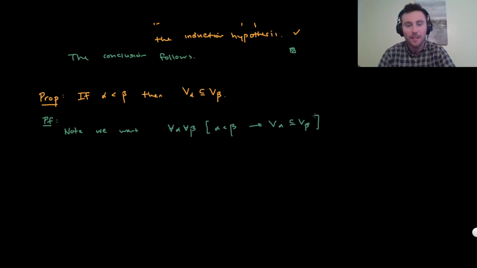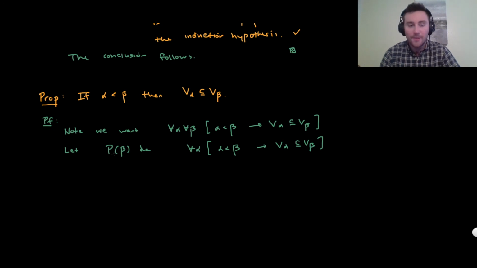If we fix beta, let P of beta be this statement: for all alpha, if alpha is less than beta, then V alpha is a subset of V beta. Since we're quantifying over alpha, this statement has just beta as a free variable. And we're going to do induction on this statement, because if for all beta, P of beta holds, then we have our proposition.